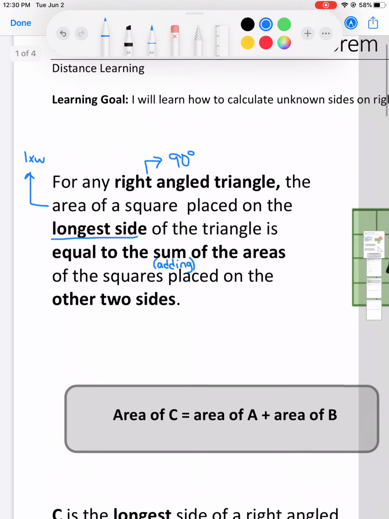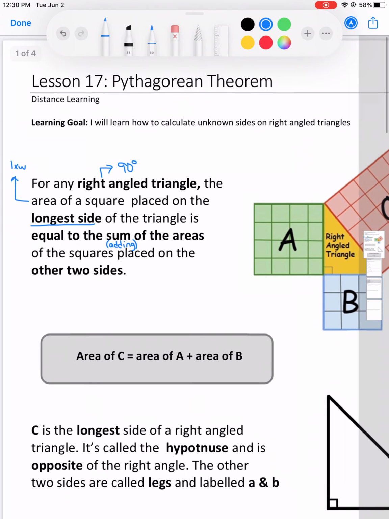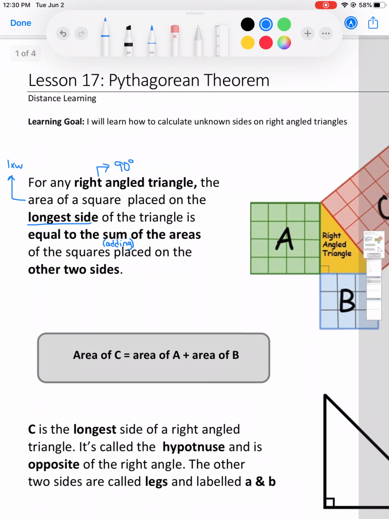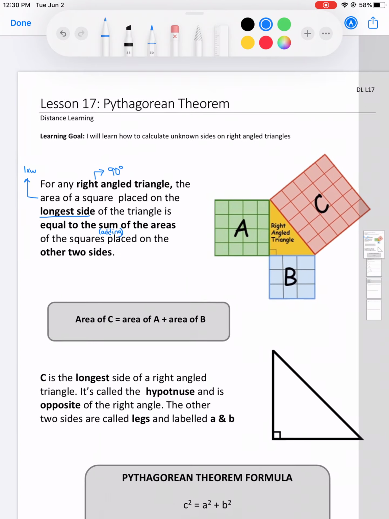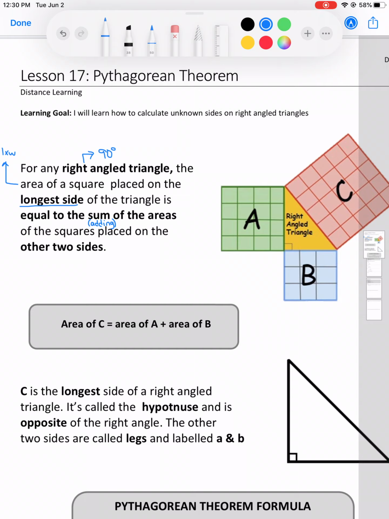Sum means adding. So let me read that again. For any right-angled triangle, the area of the square placed on the longest side of the triangle is equal to the sum of the areas of the squares placed on the other two sides. Okay, so what does that mean?